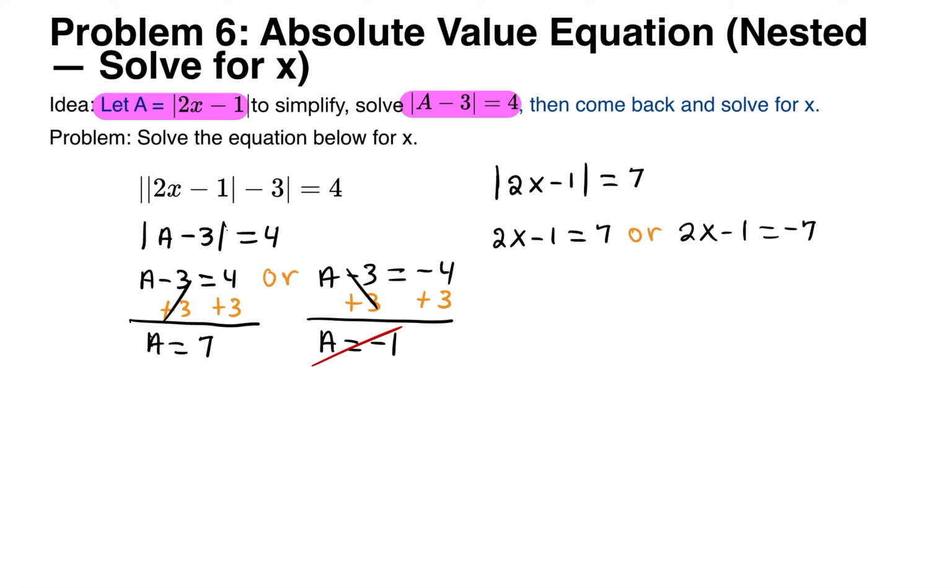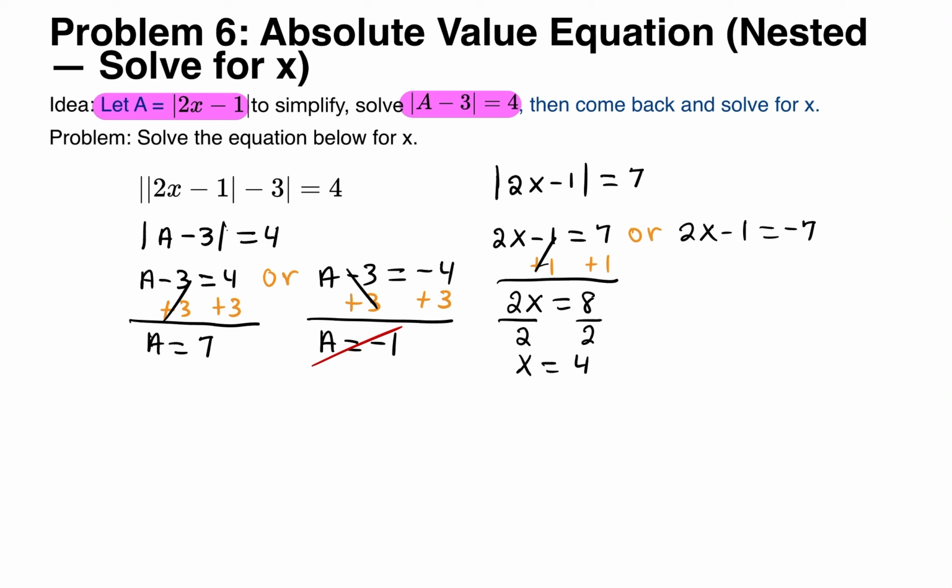We're going to solve for x this time. We'll add 1 to both sides. And that is 2x equals 8. Solve for x by dividing by 2. X equals 4.